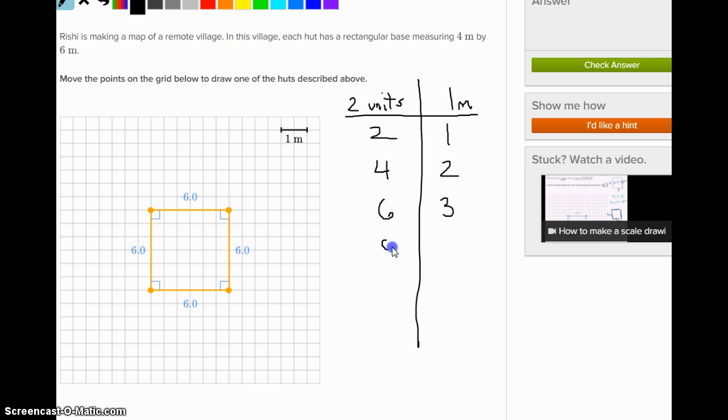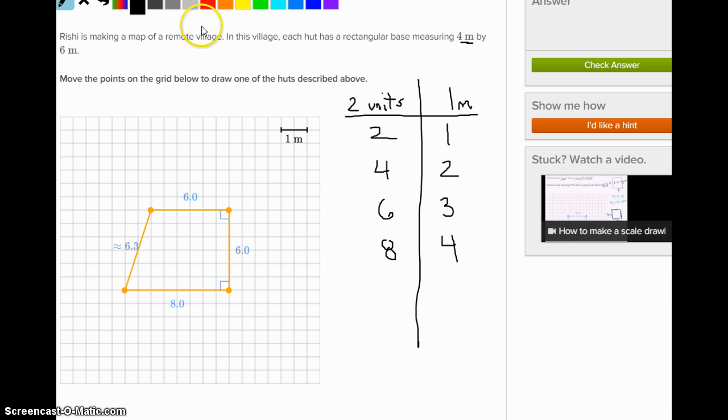So 8 units makes up 4 meters. One of these sides has to be 4 meters. So I know because of this scale, it's going to take 8 units to make up these 4 meters. So I'll drag this to 8 units.